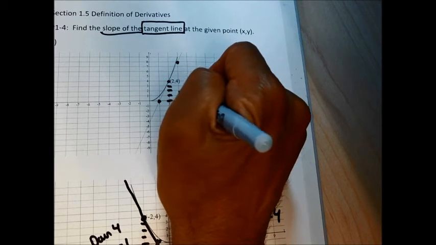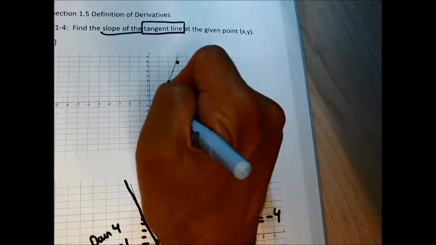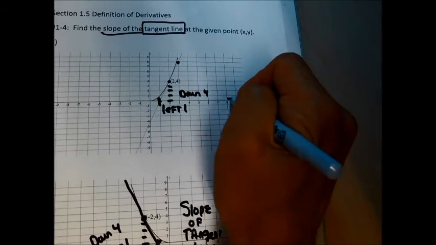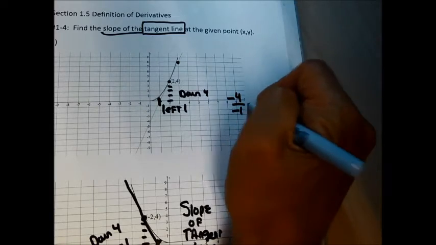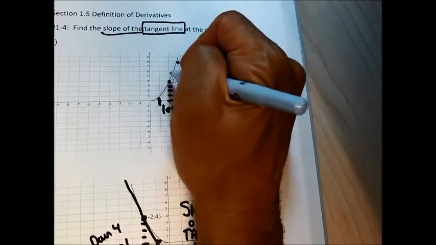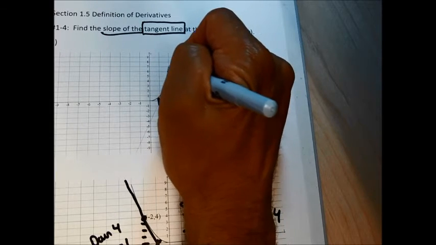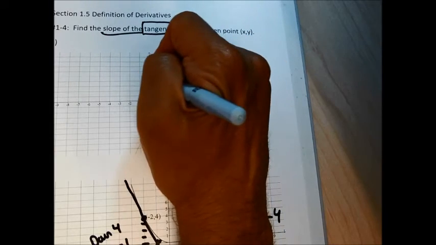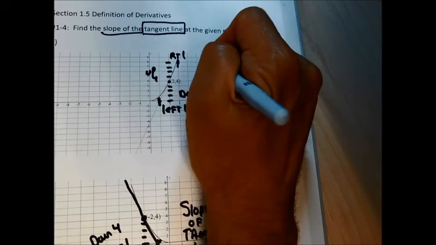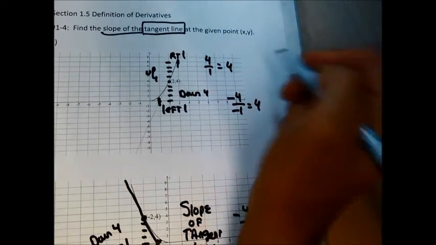That's down 4, and then back that way, left 1. It would be -4 over -1, which is +4. If you went this way, you'd have to go up 1, 2, 3, 4, and then right 1. And it would be +4 over 1, which is 4.